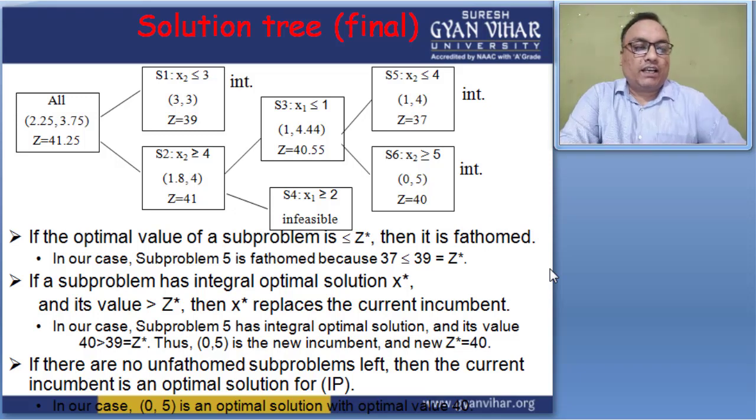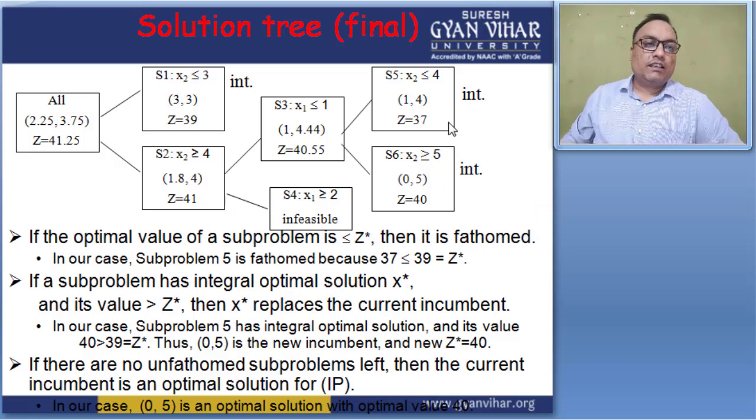If there are no unfathomed subproblems left, then the current incumbent is an optimal solution for the integer programming problem. In our case, 0, 5 is the optimal point with optimal value 40. So this is the correct answer for this case. 40 is the correct answer.